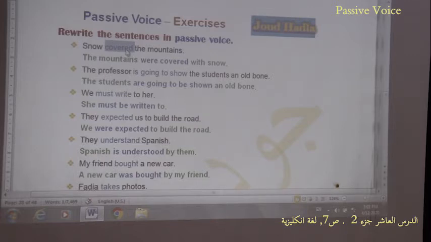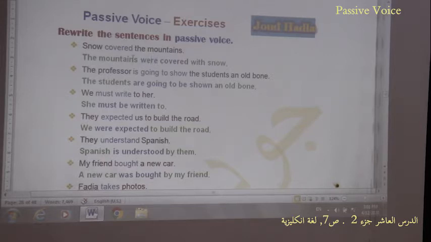So in this case, we need the past simple form of verb to be plus the third form of covered, which is covered. So start with the object. Now snow covered the mountains. Now the mountains were the second form of verb. Why, dear students? Because covered is in the second form here, so we need the second form of verb to be, which is was or were.